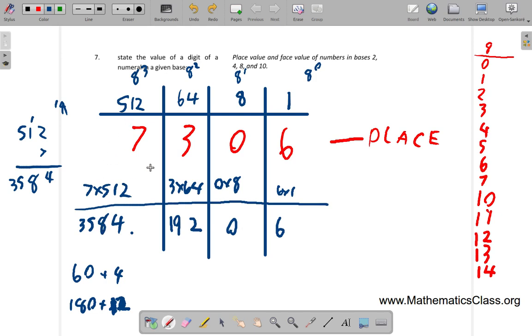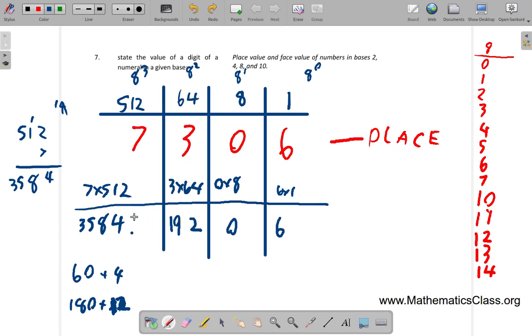But anyway, what we have here are the place value of each digit. So place value of 6 here is 6 ones, which is 6. This place is 8, so the place value of the 0 is 0 eights, which is 0. This place that we put the 3 is valued 64, so the place value of 3 is 3 64s.